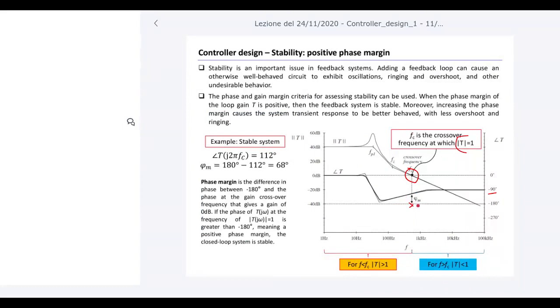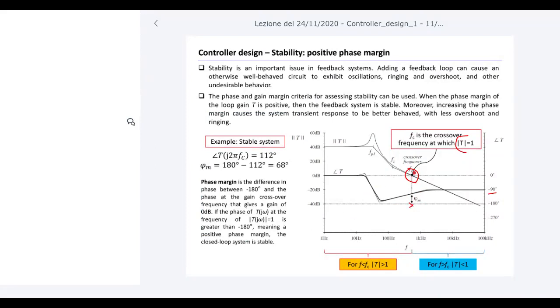I have to be sure that whatever happens, Φm is always positive. And so in order to be sure of that, I have to design Φm quite large. 90 degrees, say 60 degrees, should be enough, but 90 is better than 60, for example.